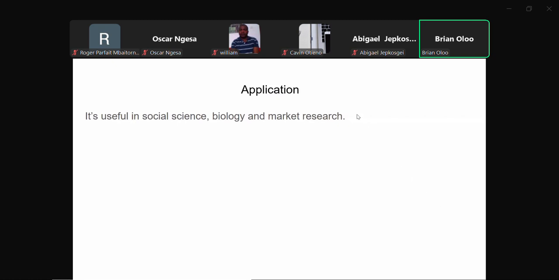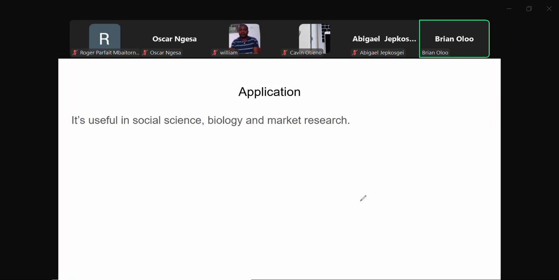So the applications of log linear models. Log linear models are used in social sciences. For example, you can use log linear models to explore the relationship between gender, education level, and political affiliations.